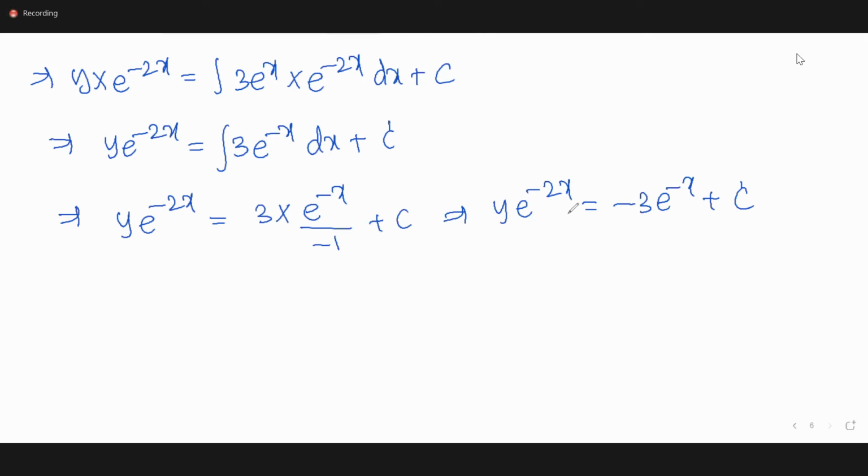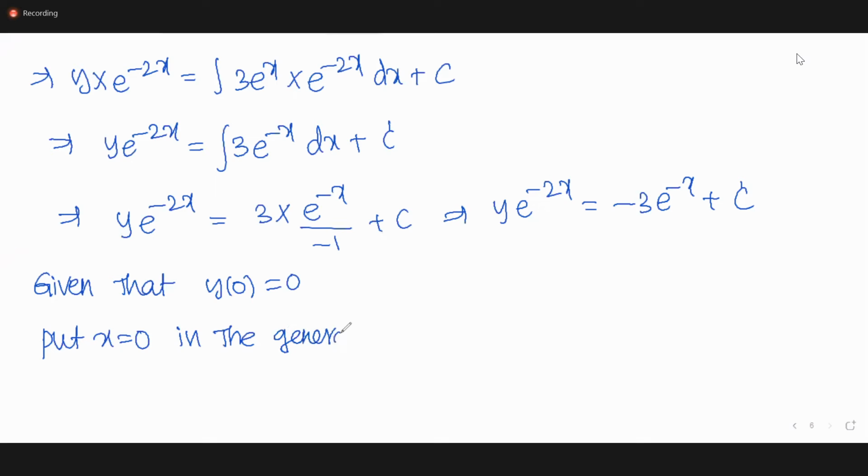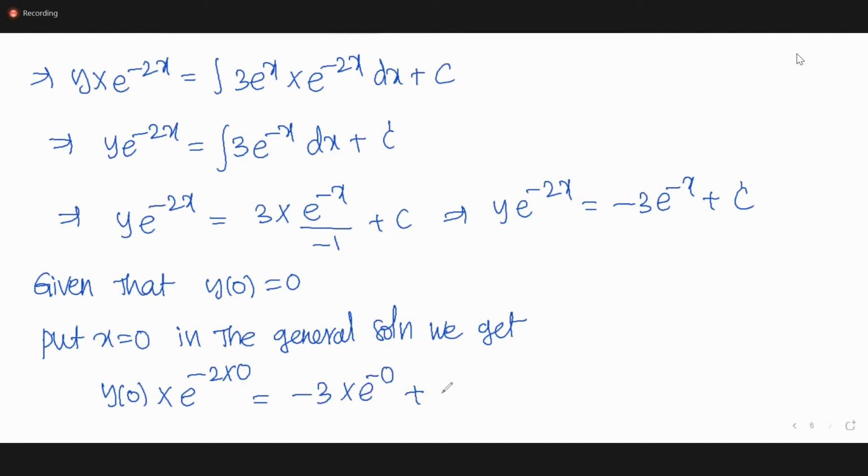Now to find the value of c, given that y of 0 is equal to 0, put x equal to 0 in the general solution. We get y of 0 into e power minus 2 into 0 is equal to minus 3 into e power minus 0 plus c.